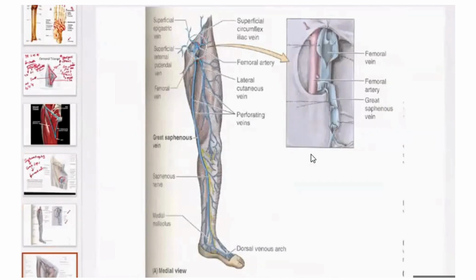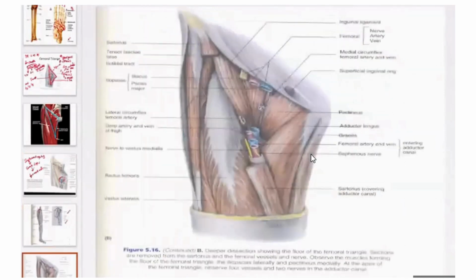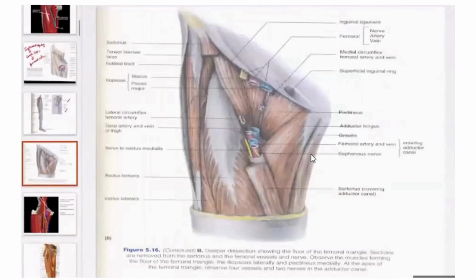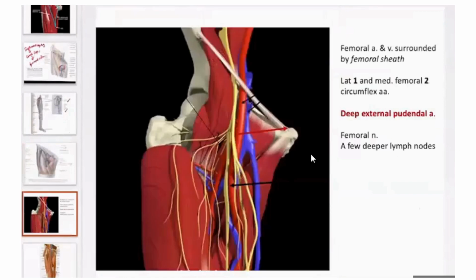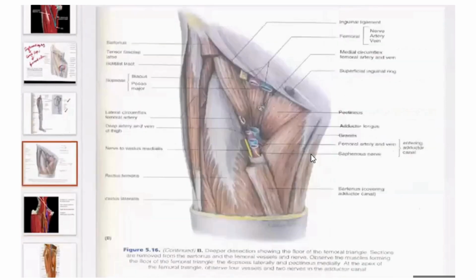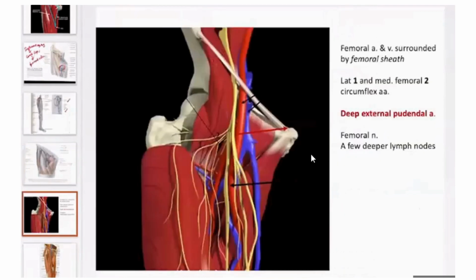In a T-shaped manner, you get the arrangement of lymph nodes. The nerve divides into two trunks, a single trunk dividing into an anterior division and posterior division.